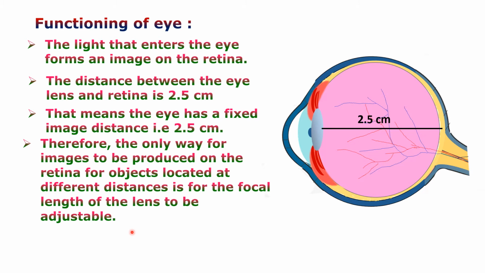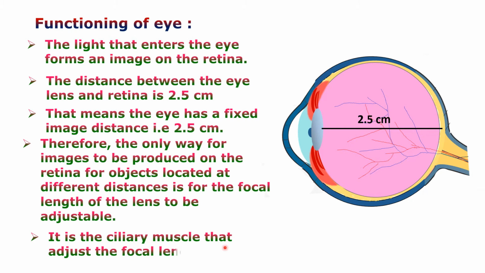So, to adjust the focal length of the eye lens, it is the ciliary muscle that adjusts the focal length. I already explained this. That's all.